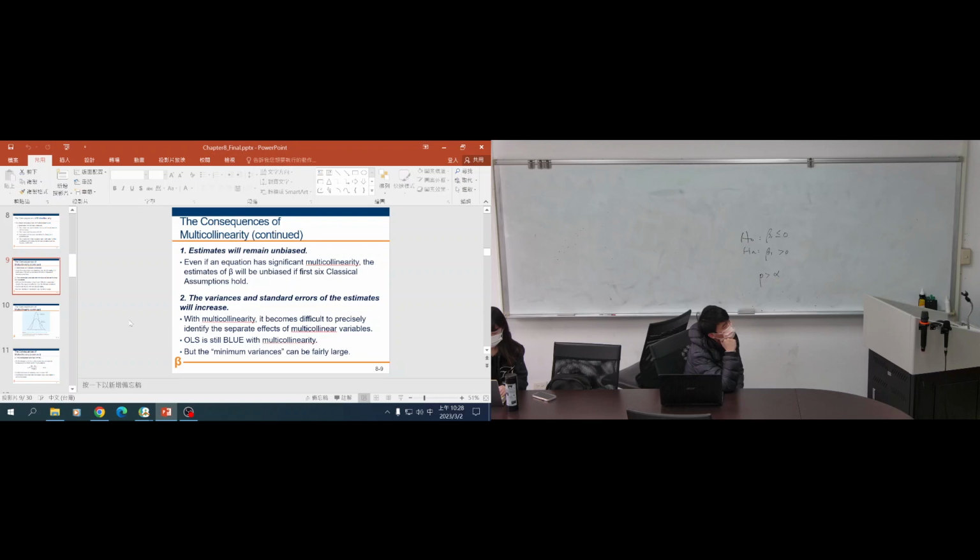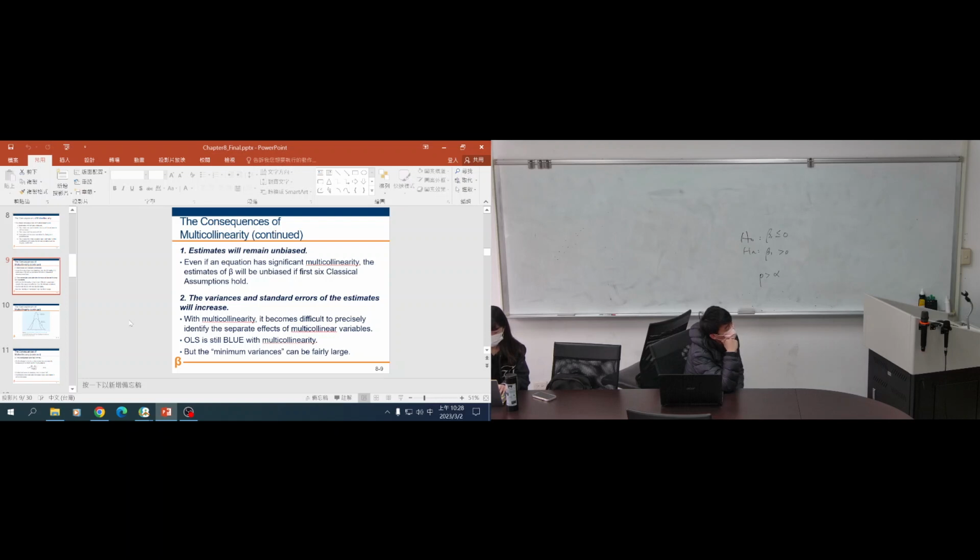When we say unbiased, it means the expected value of the estimator is equal to the population value. So unbiased means that the OLS method is correct. The multicollinearity problem doesn't affect it when we're using the OLS estimator. This is what we mean.